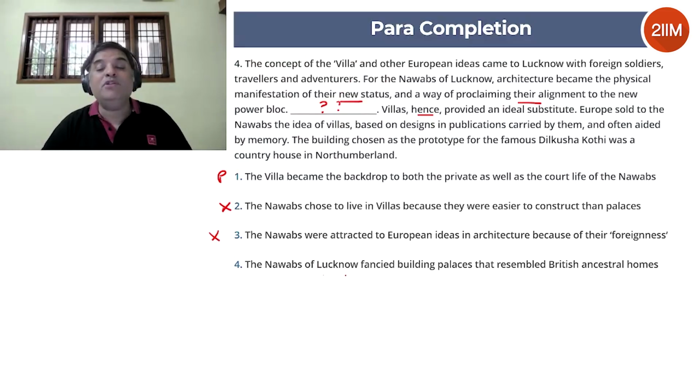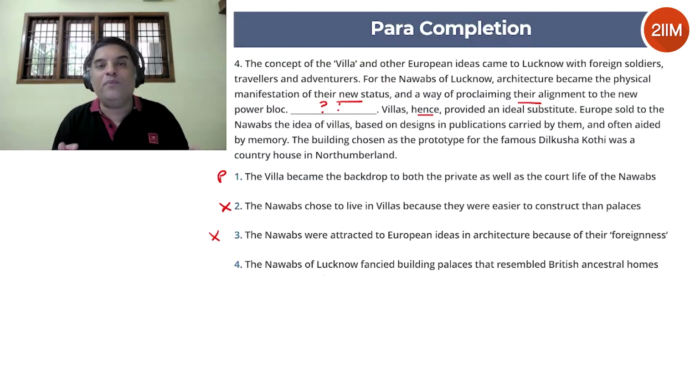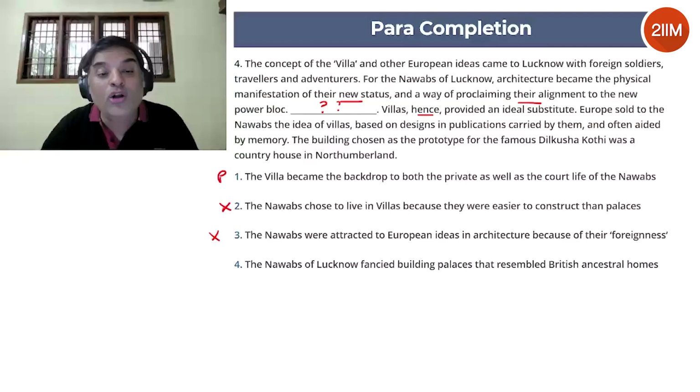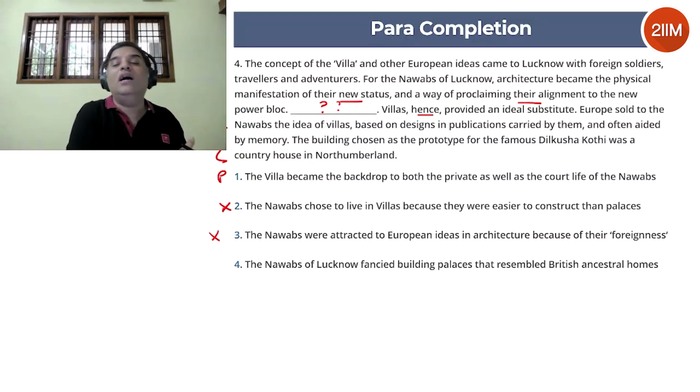Number four, the Nawabs of Lucknow fancied building palaces that resembled British ancestral homes. Now, when you read this, it says that resembled British ancestral homes. And later on, you clearly have an example where you have Dilkusha Koti, which was modeled after a country house in Northumberland.